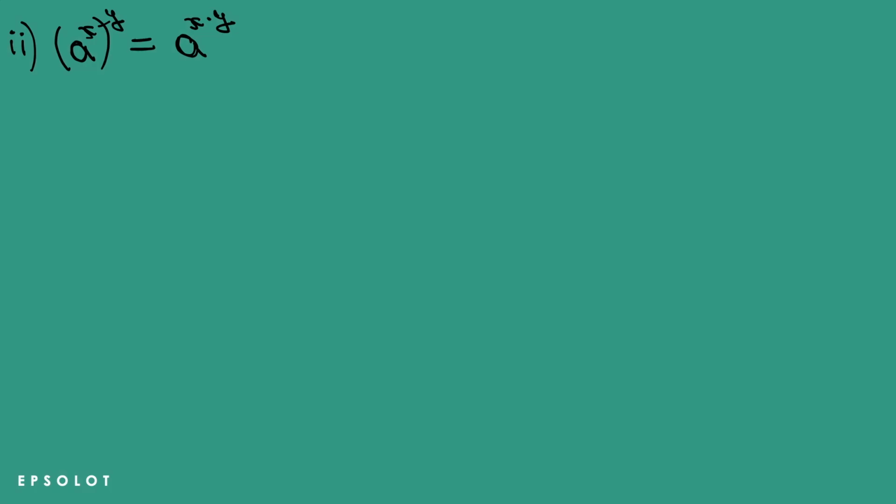It's kind of like dealing with brackets, so it's a very common sense rule that you can easily remember. That means that 2 to the power of 3, if that is being raised to the power of 2, would be raised to the power of 6. And 3 to the power of 2 being raised to the power of 4 would just be raised to the power of 8. So you can multiply these powers with each other.